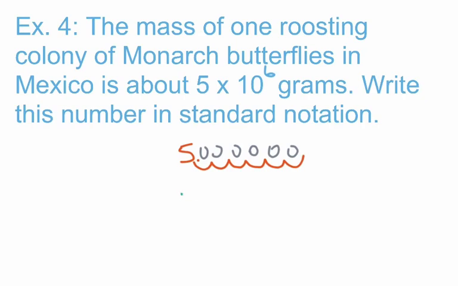So I just go ahead and write it again, including all of the zeros. Put in commas. We know that the abbreviation for grams is just going to be G. So the mass of one roosting colony of monarch butterflies in Mexico is about 5 million grams.